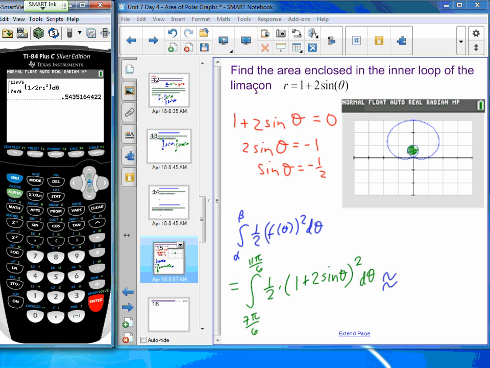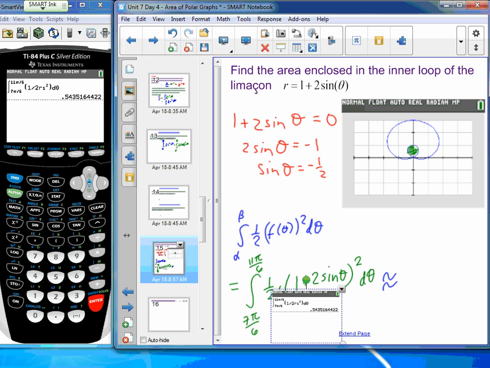Were you able to generate that on your grapher? Did you type it out or use R? Yeah, you typed it out? Very good. Everybody try it. Make sure you get the same thing. That's pretty sweet. Nice.